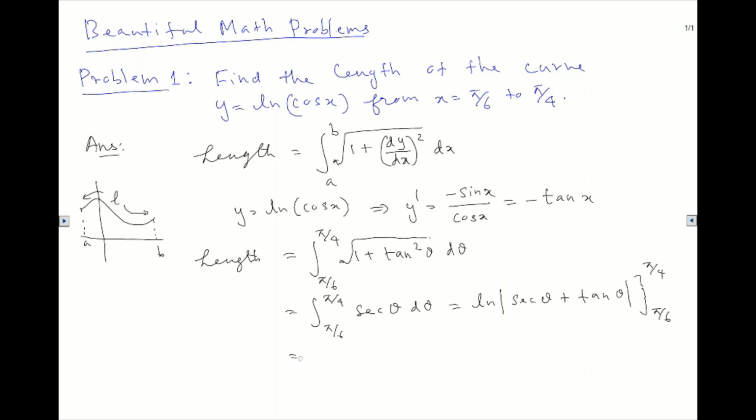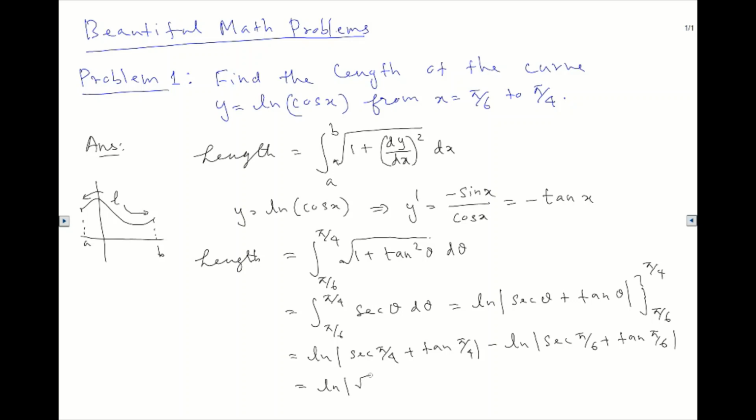So let's plug in the values. We get ln of secant pi over 4 plus tan pi over 4, minus ln of secant pi over 6 plus tan pi over 6.